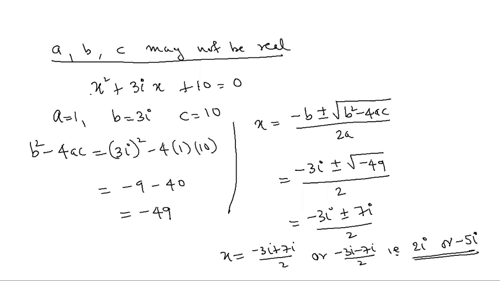So your answer, the roots are 2i or minus 5i. You can write the answer as 0 plus 2i, or just 2i and minus 5i.